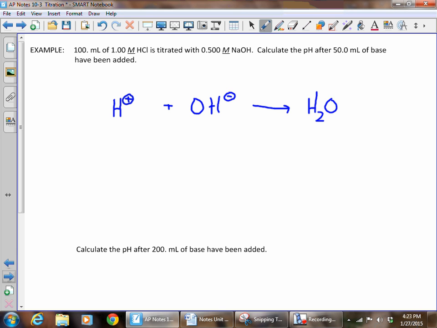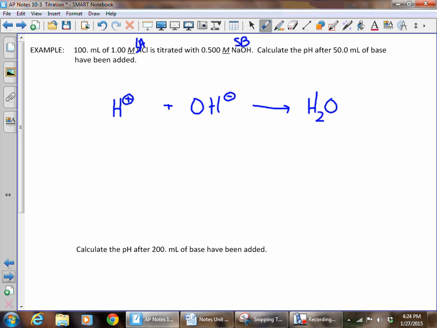Now, if it's strong, strong, the strong drives the reaction. There is nothing weak in this reaction because we're dealing with both HCl, which is a strong acid, and NaOH, which is a strong base. So that's all we need to know that we're not going to need RICE at all because there's nothing weak in the system. It's all about CBAC.